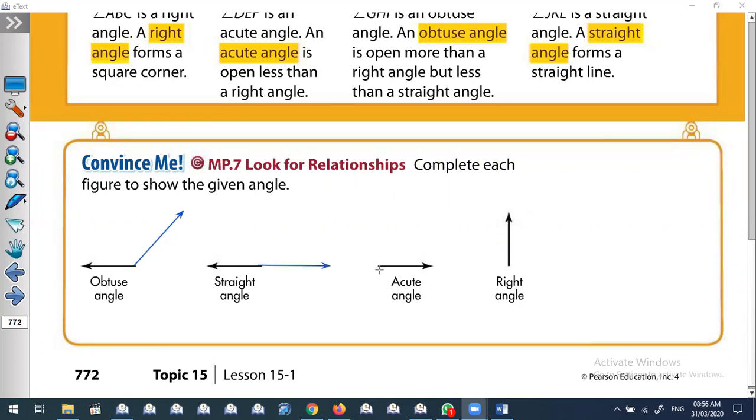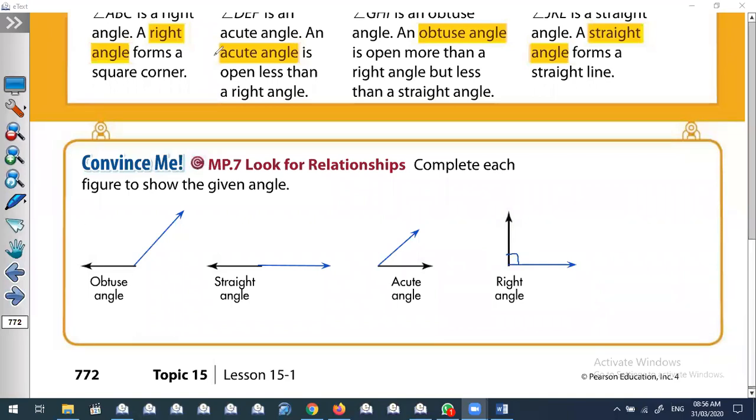Acute angle, I need an angle less than the right angle. So it will be like that. Right angle, I need a square corner. Square corner like that. This is called a right angle.